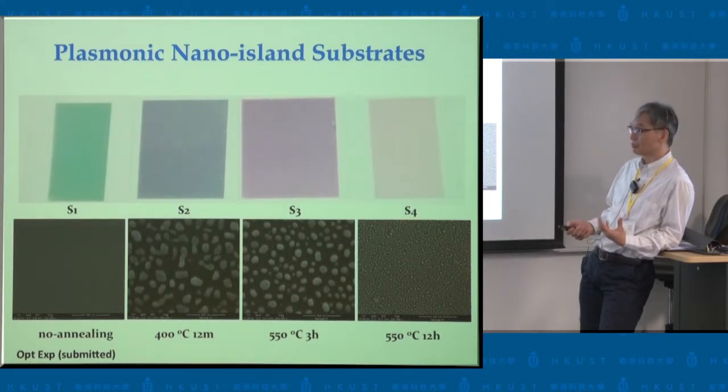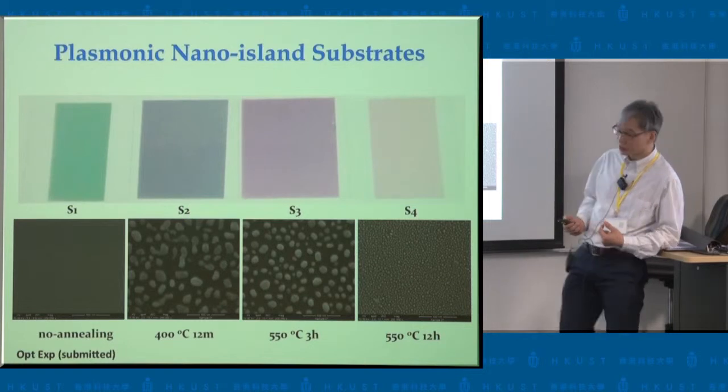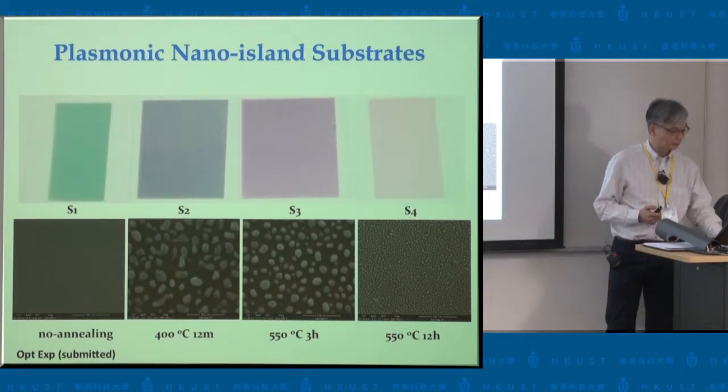So you deposit the film on glass, in this case gold film, you then anneal it. Depending on the temperature and time, you actually form different nano-islands of different size and separation. So they resonate at different wavelengths, and therefore different colors.